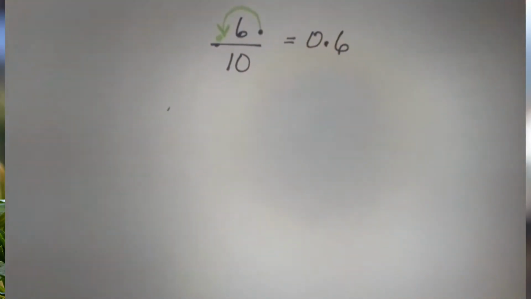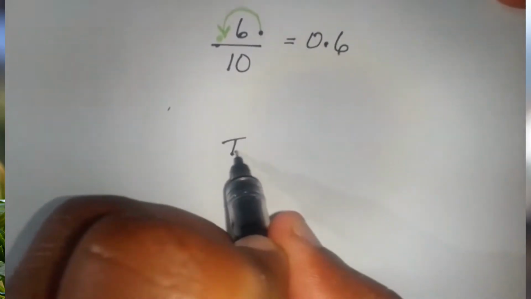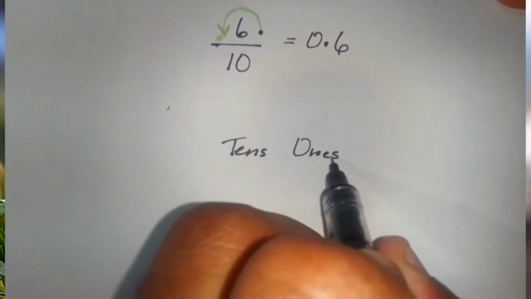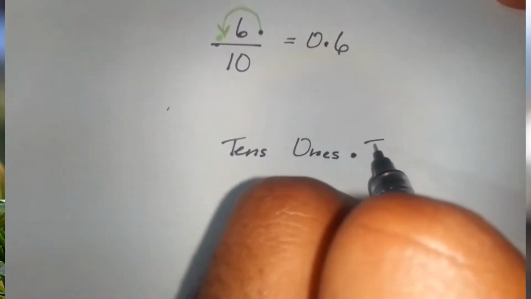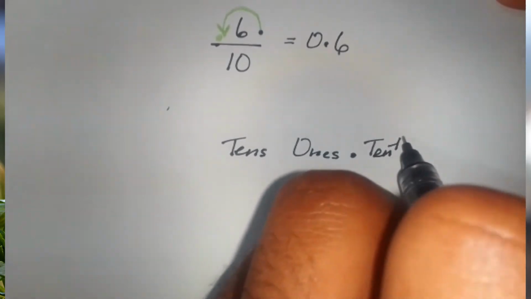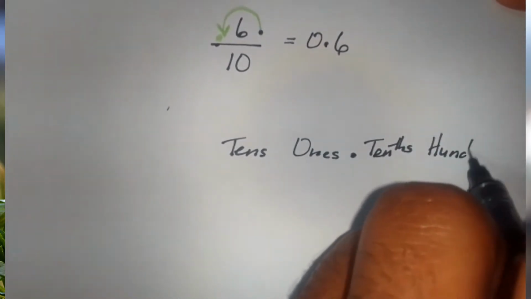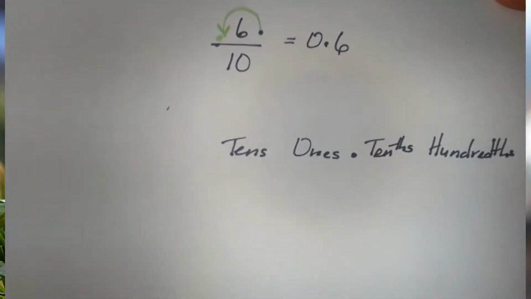Another way we could interpret this is by writing out our place value chart. So we have tens, ones, the decimal point, tenths with a TH, hundredths with a TH, right?